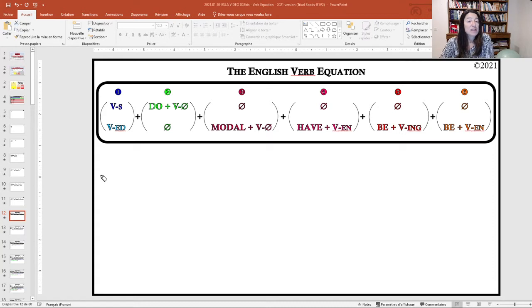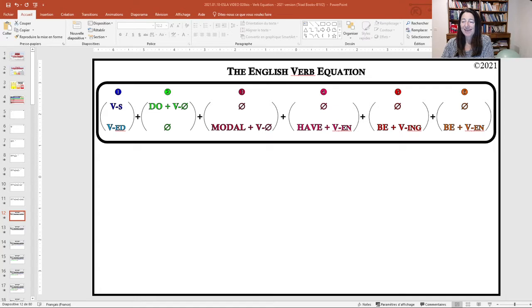For instance, if I use the verb see and only VS as an operator, I could say he sees her, to take a really simple example.